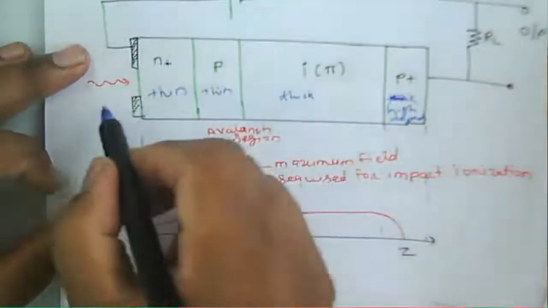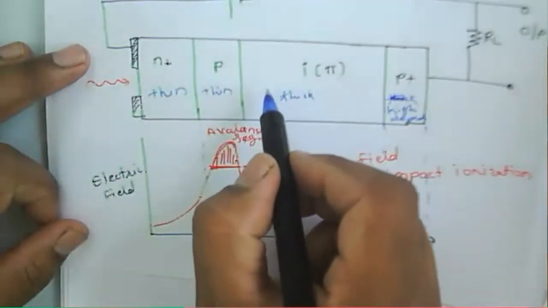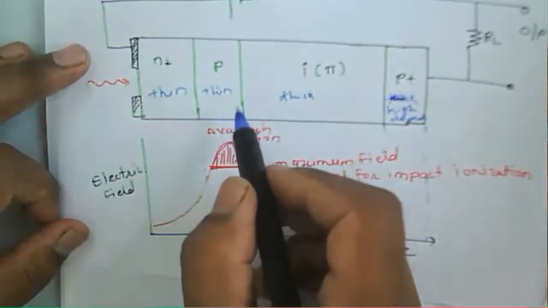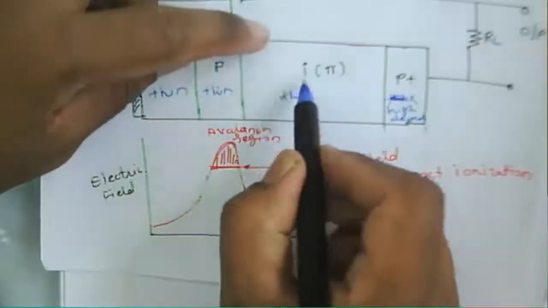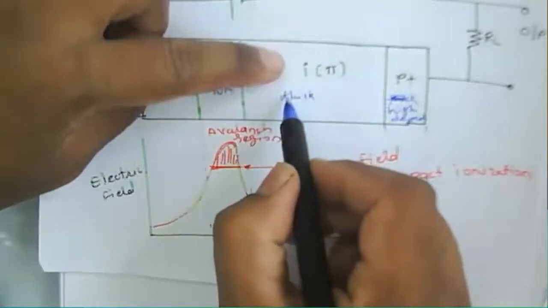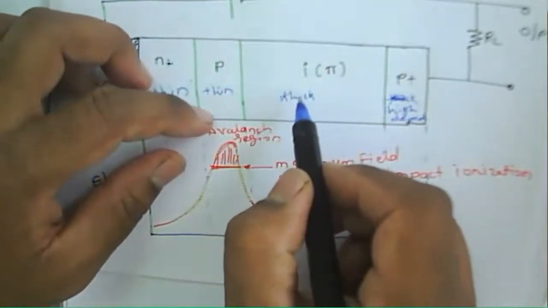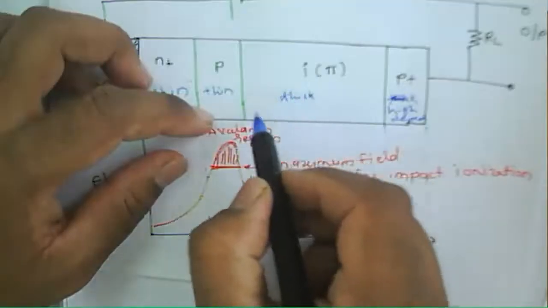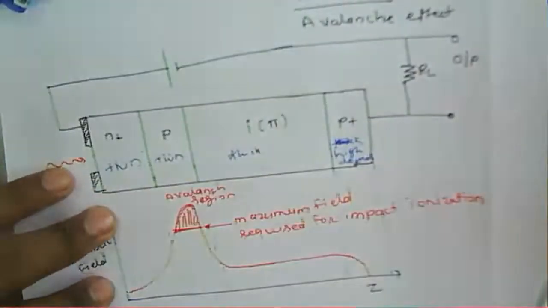So when the photon falls in this particular layer, this junction being the n plus p junction, the photon will be absorbed in this layer, and it will generate electron and hole pairs. So a number of electron and hole pairs are generated in this particular layer.